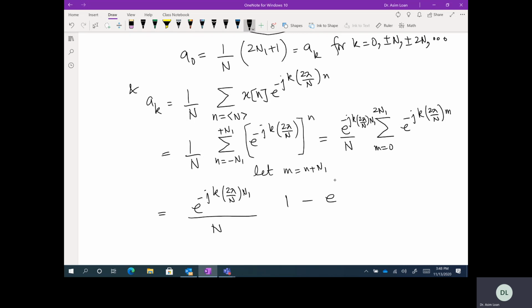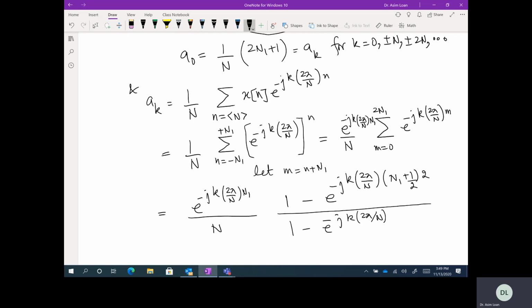So this is 1 minus e to the minus jk 2 pi by n, to the power 2n1 plus 1, the upper limit plus 1, divided by 1 minus e to the minus j k 2 pi by n. Okay, and here I want to use one trick. If I take this 2 outside, I'll just put a half here.